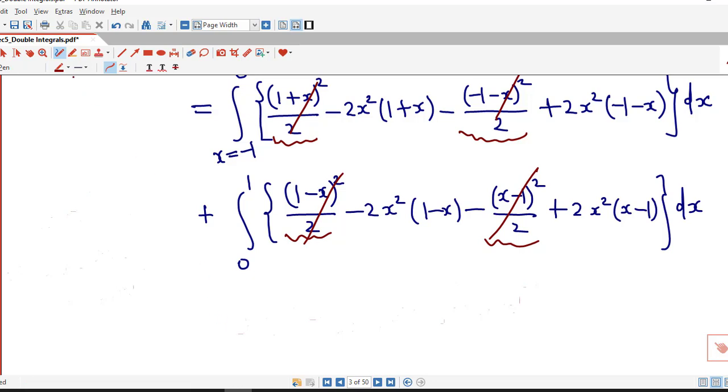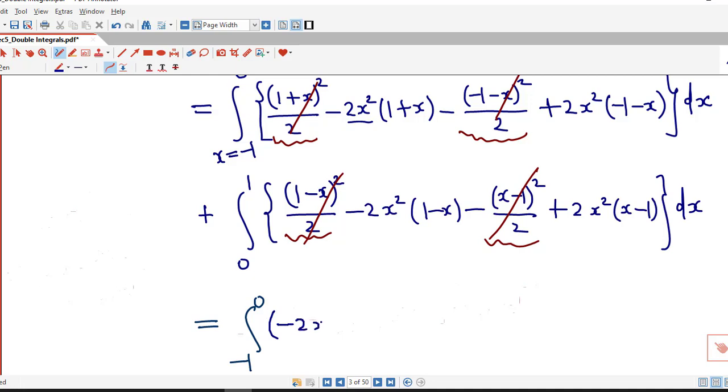So now we first keep limits as it is. x is from minus 1 to 0, and we can take 2x square common here, or we can simply multiply.